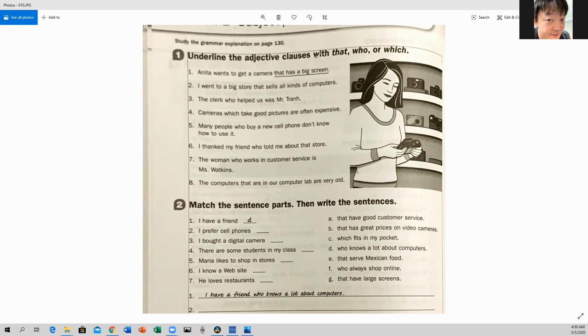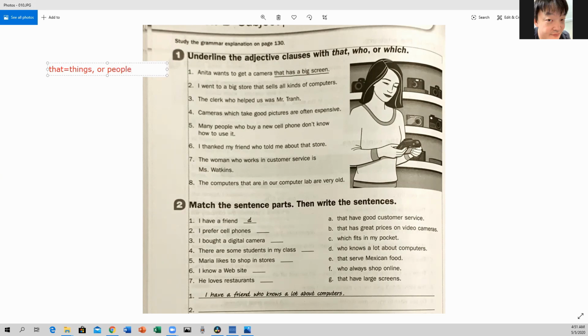For example, we have three pronouns here: that, who, or which. One thing that I want to remind you, and this is something you have to remember, is that the pronoun that you can use for things or people. I'm going to write here: things or people.